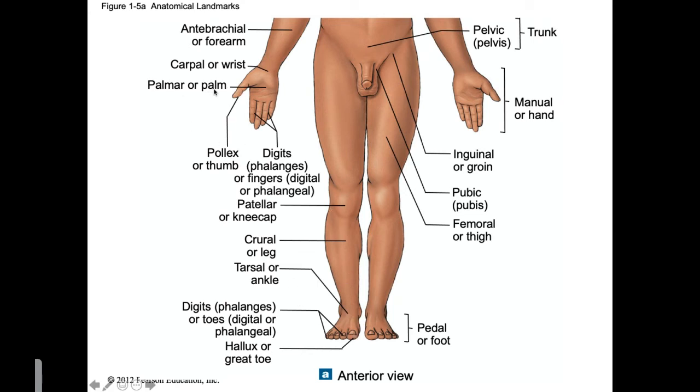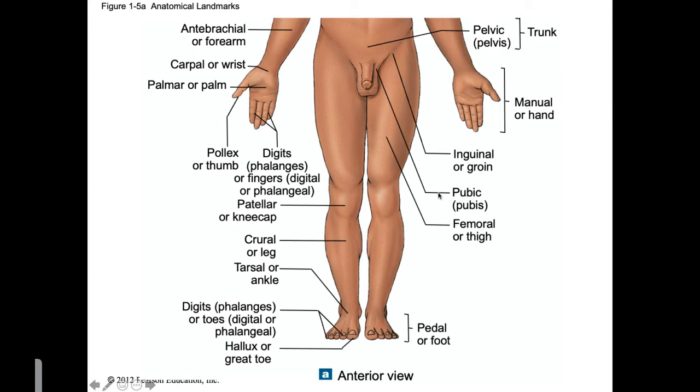Just remember PP, right, palm, pollicus. Think H, hallicus, hallux, with heel for the foot. The foundation of the foot is pedal. Think of pedal, like pedaling a bike. The thigh region, this is called the femoral region because that's the femur bone, longest bone in the body.